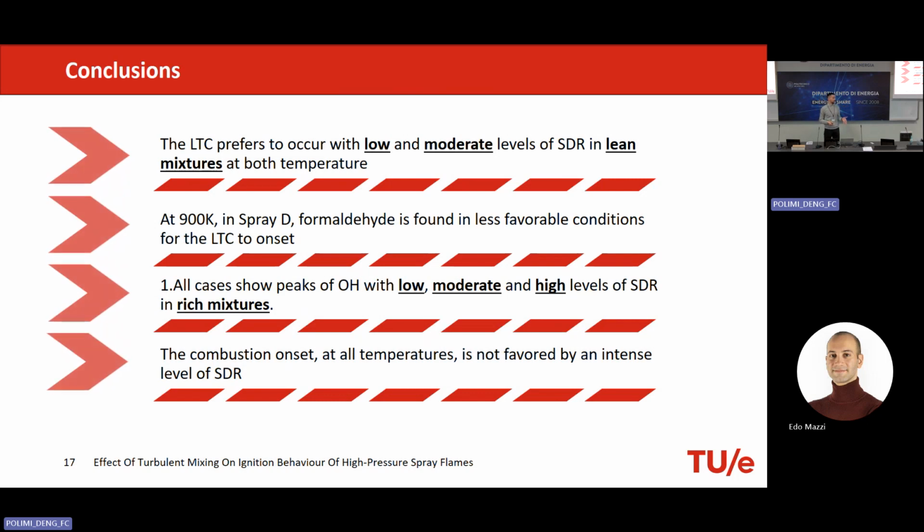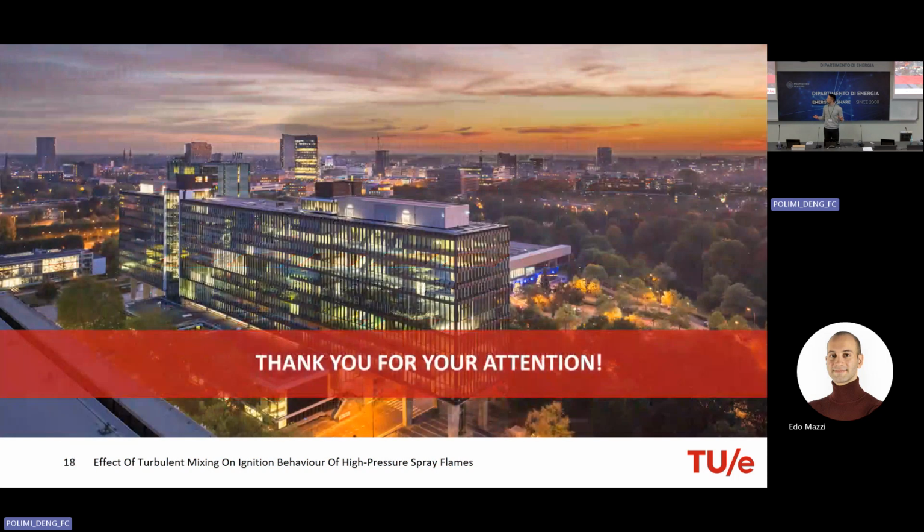That is why it ignites later, basically. And all cases show peaks of OH with low, moderate, and high levels of scalar dissipation rate in rich mixture. But the most important thing is that the combustion onset at all temperatures is not favored by an intense level of scalar dissipation rate. And that's all. Thank you for your attention.